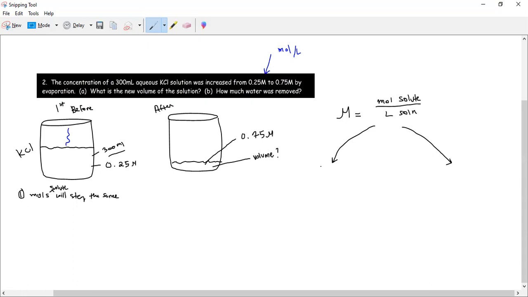So the stoichiometry-based approach is sort of that our digression is to find how many moles of solute there are in either compound or either solution, knowing that it will be the same. So we start with what we know, and then we move our way forward. So if we start with the information that we're given of the previous solution, we can find how many moles there are in both scenarios.